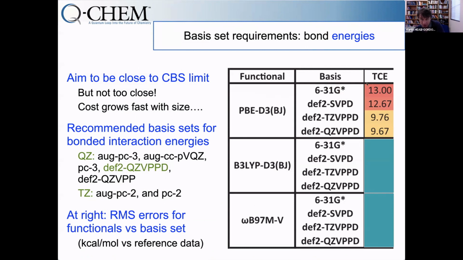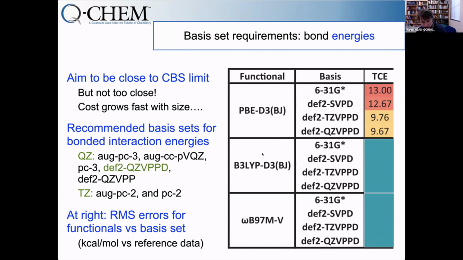The error in easy thermochemistry at 6-31G star against def2 SVPD, against def2 TZV PPD, against def2 QZV PPD tells us that density functionals are typically designed, certainly how we design them, to work at the complete basis set limit. If you use a smaller basis set, in a statistical sense, your results will be poorer.